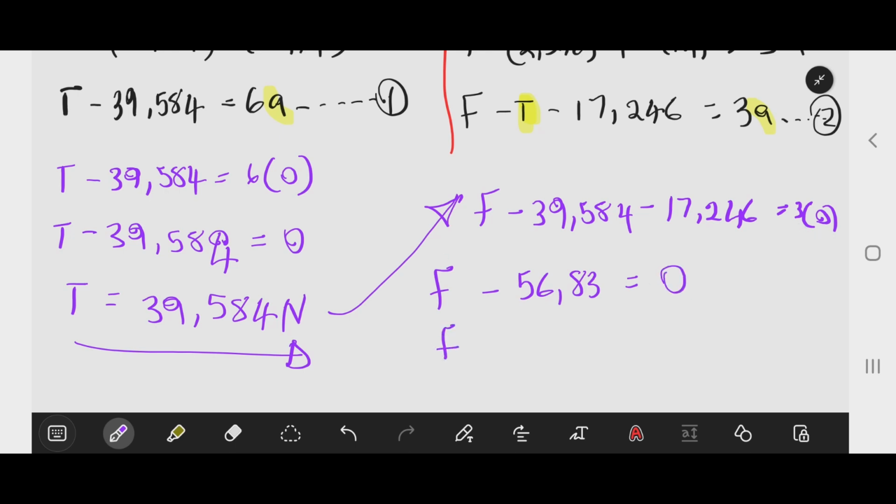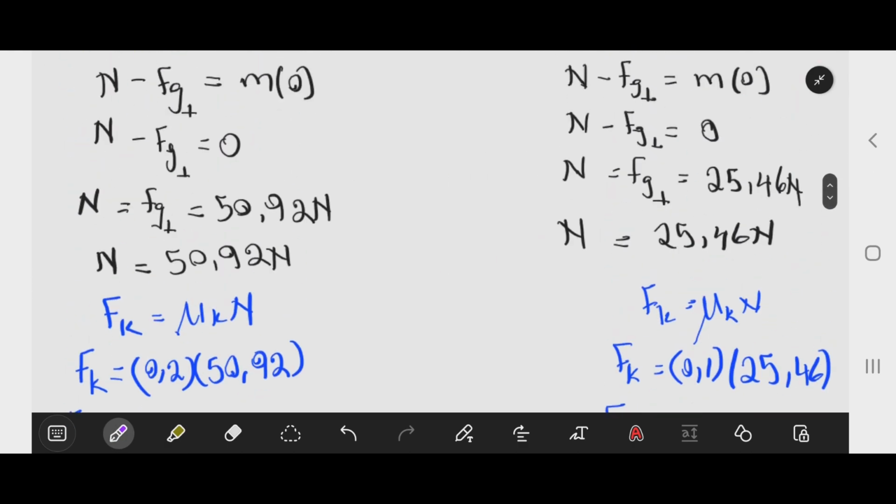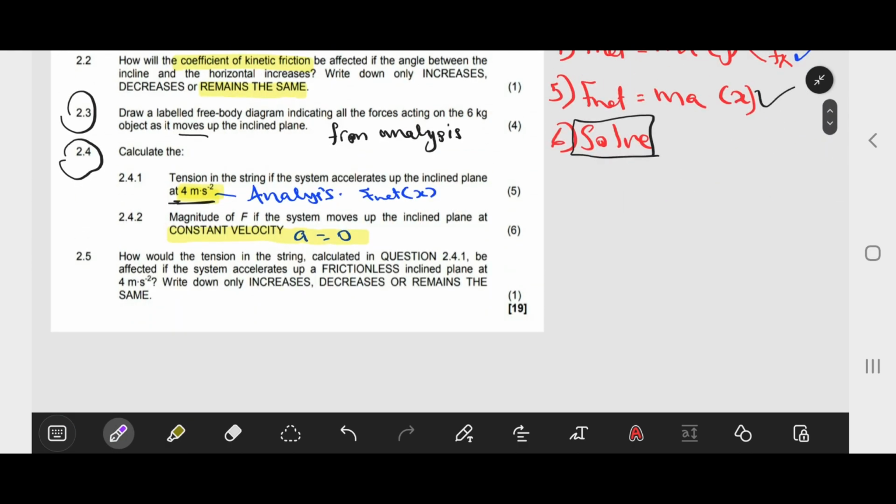So the magnitude of the applied force now is equal to 56.83 newtons. So we have now answered our question, right? And same thing applies: this was a continuation from analysis, which was F net in the X direction.